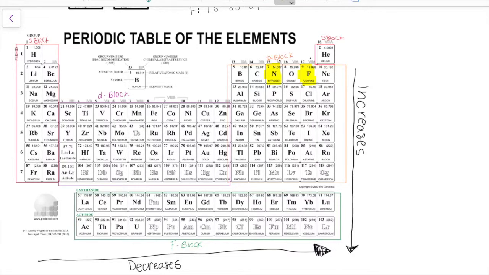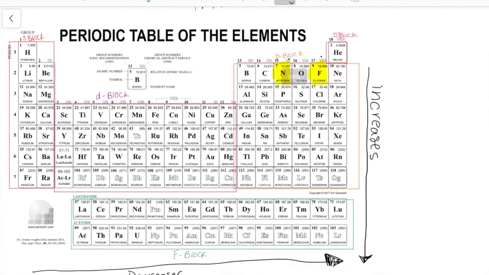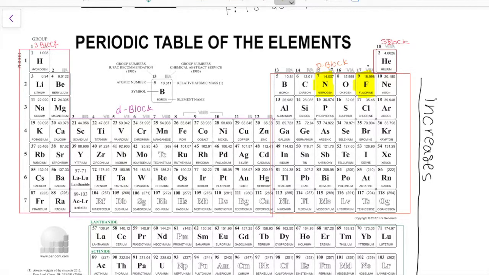Judging by periodic trends, as you go down the periodic table this way, the radius of the element will increase, so the size of the atom will increase, and going from left to right here, it's decreasing in size. If you see where nitrogen and fluorine are, they're both on that same line, number 2, n equals 2.